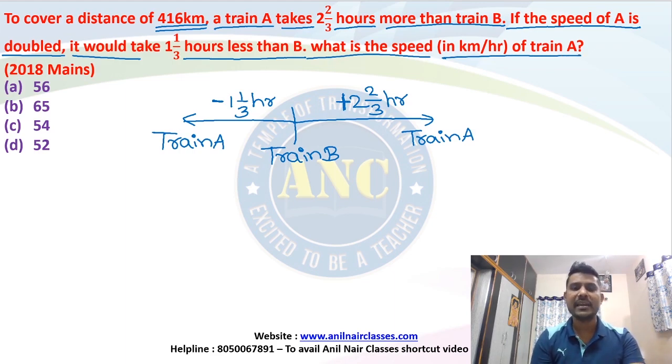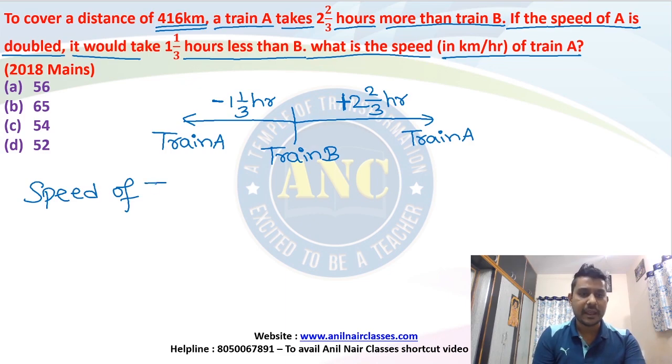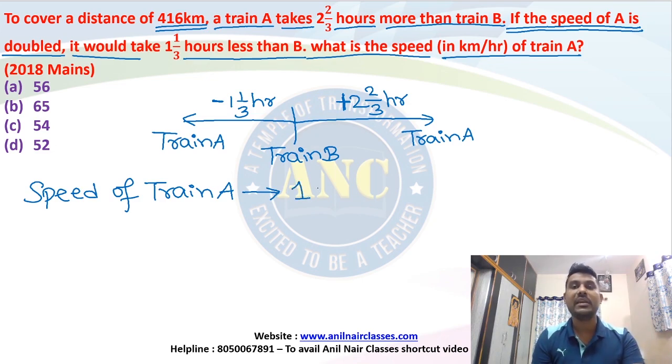Now once again it's a very easy question. Can I say that, first statement it is given, second statement it is given that if the speed of A is doubled, that means if I consider the initial speed of train A as 1 kilometer per hour, then final speed will be double of 1 kilometer per hour.